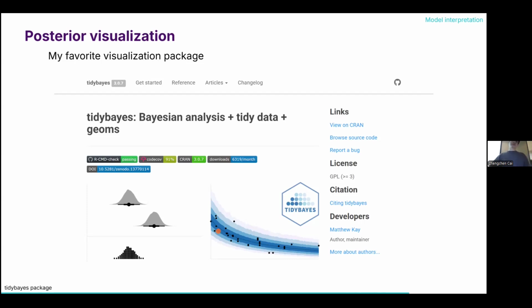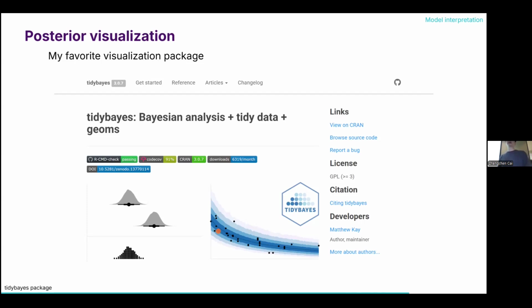So now let's say your diagnostic shows your sampling is not pathological, so it behaves very well. You can assume you sampled your posterior quite well, and then you need to interpret your model, right? Like it's time to show the result.